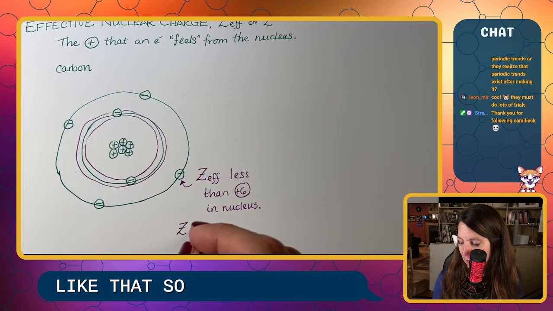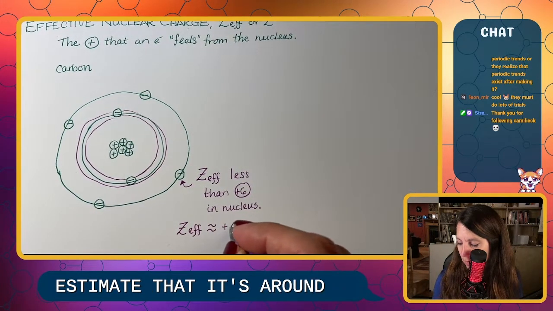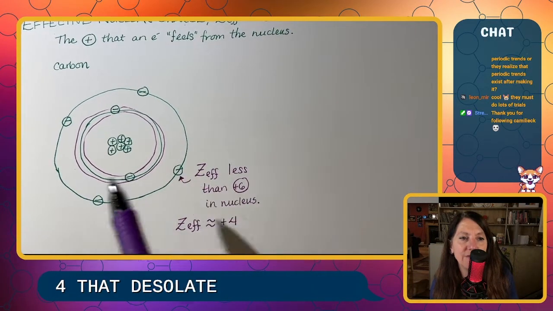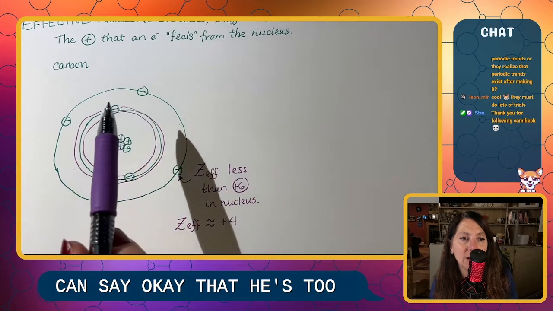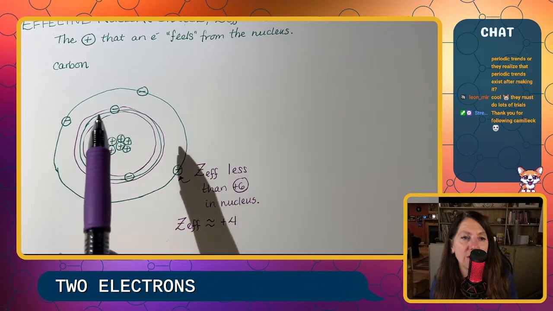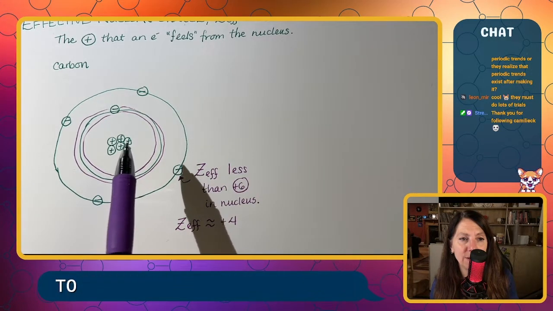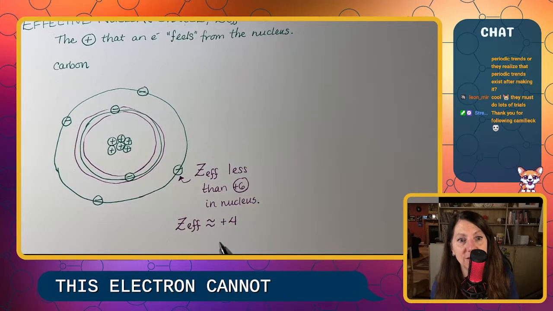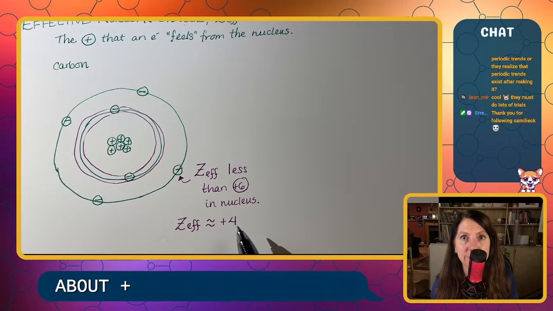So we can say these two negative charges from these two electrons are essentially canceling out 2 of these positive charges in the center. So this electron cannot feel the full 6, and we can estimate that it's about +4.